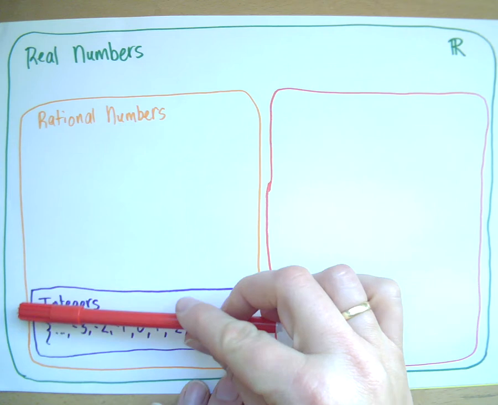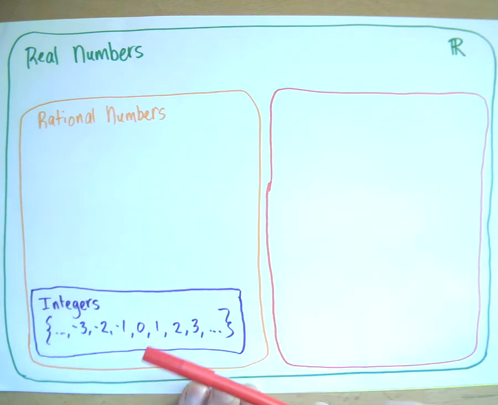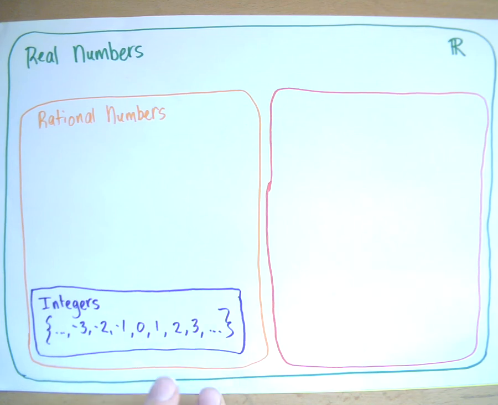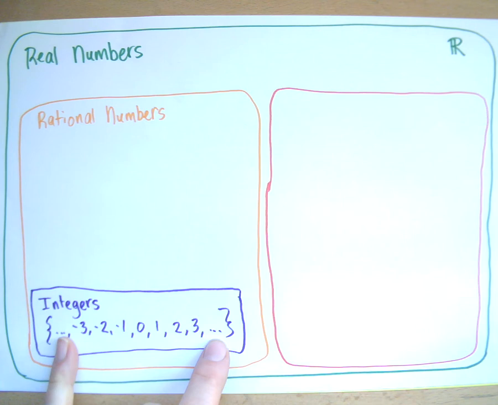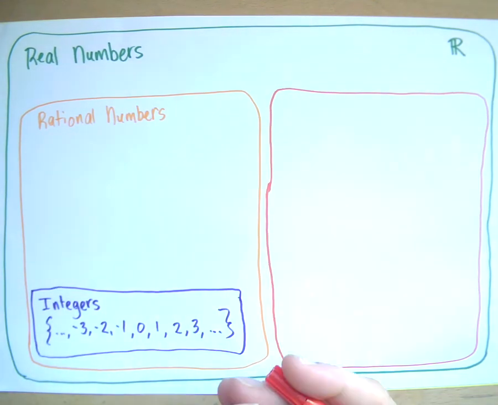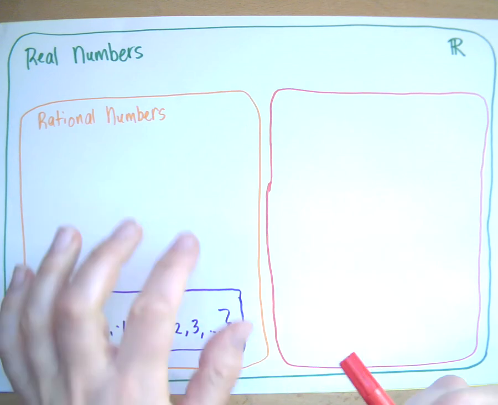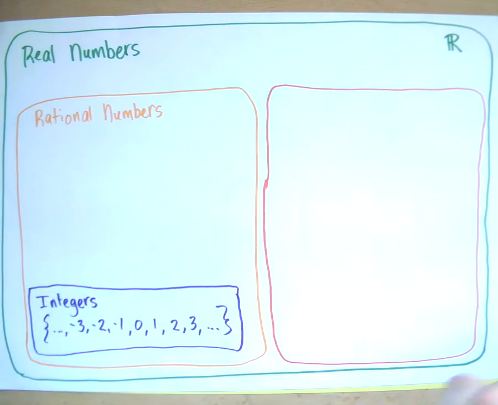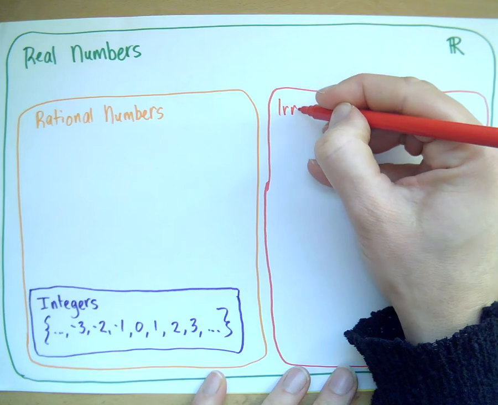one set you already know, which is why I've drawn that in there, is integers. Integers are whole numbers, negative, positive, and including 0. So apart from these whole numbers, there's also real numbers that are parts of numbers. Some of them are rational and some of them are irrational.